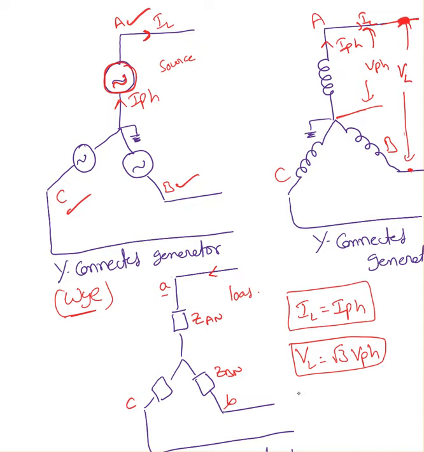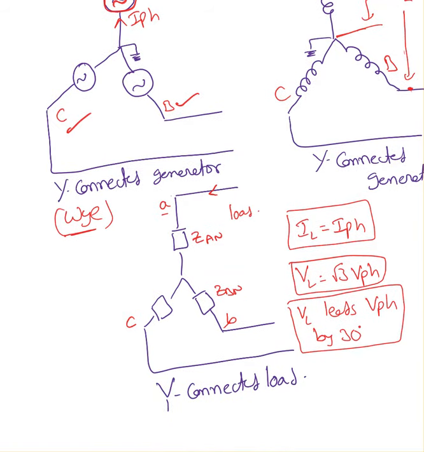Another important thing is that the line voltage VL leads the phase voltage by 30 degrees. This is true as long as it is a Y connection, and it doesn't matter whether it is a source or load. The line voltage always leads the phase voltage by 30 degrees.